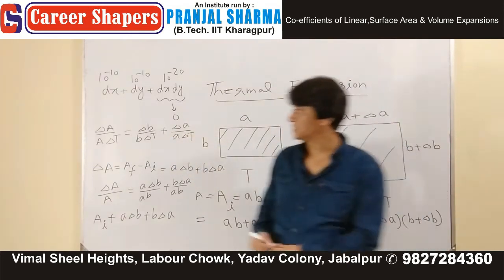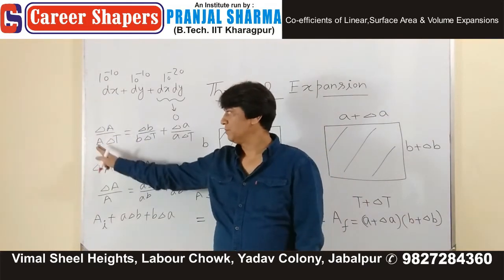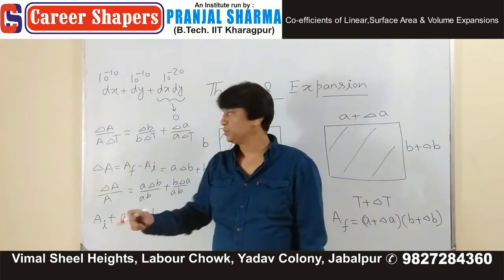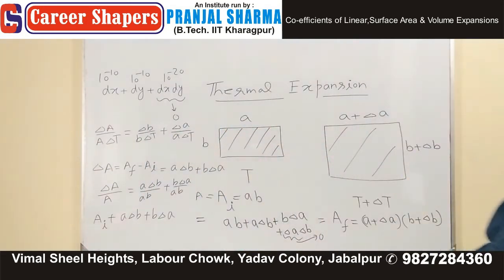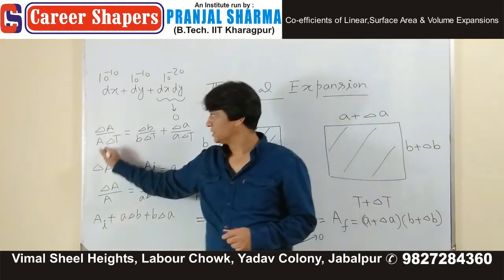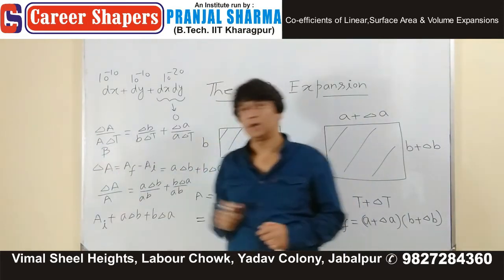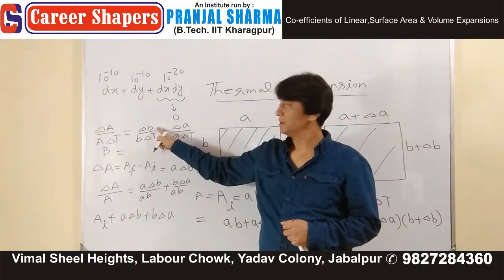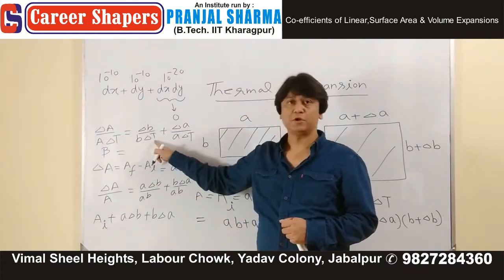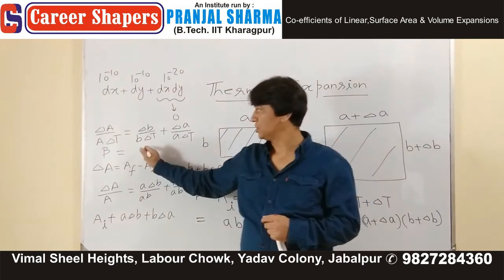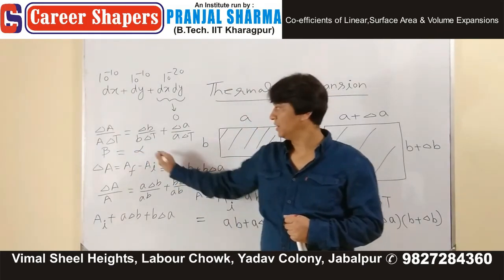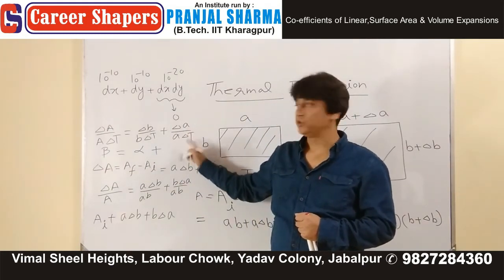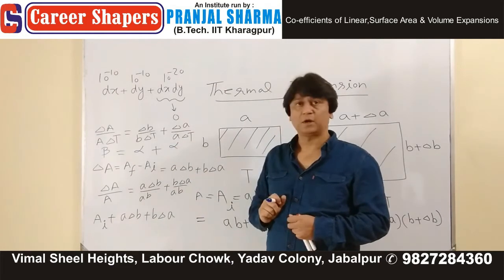Now, what is this? Change in area per unit area per unit change in temperature, which was called beta. What is this delta B upon B? Change in length per unit change in temperature, which was called alpha. This is also alpha.